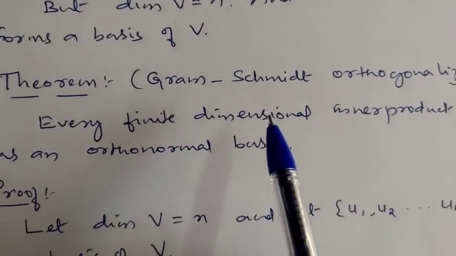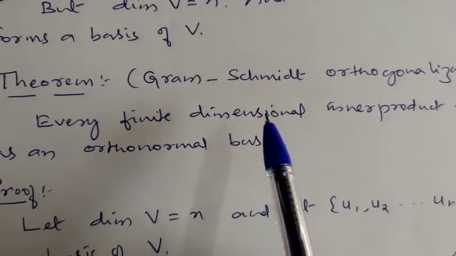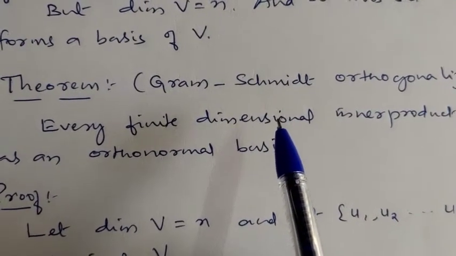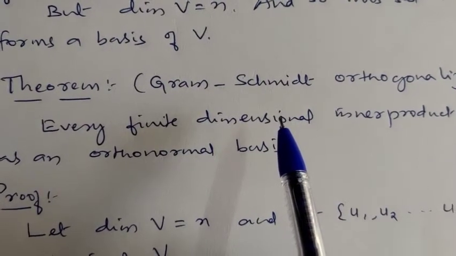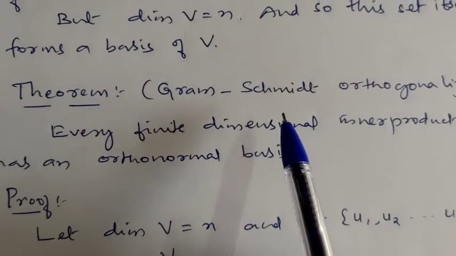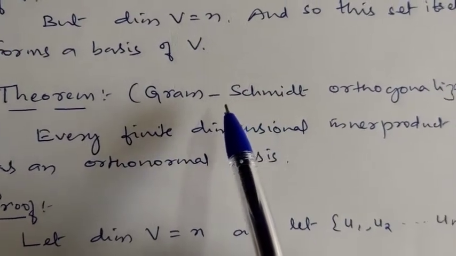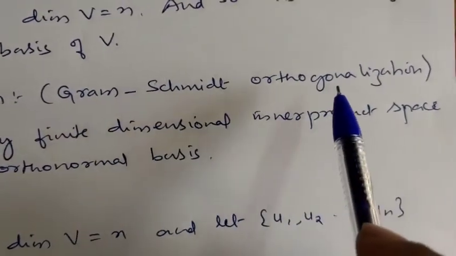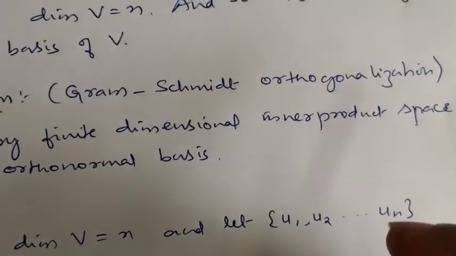Suppose V is an inner product space, which means V is a vector space, and you know that every vector space has a basis. That basis may be converted to an orthonormal basis. That's why it is called the Gram-Schmidt orthogonalization process.